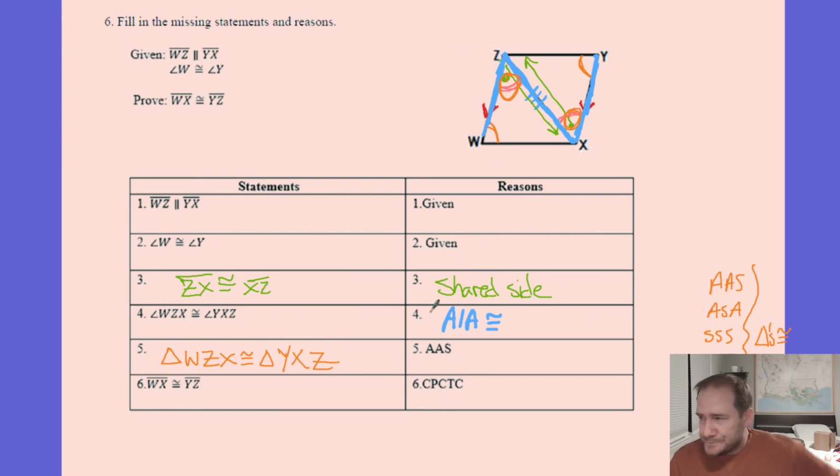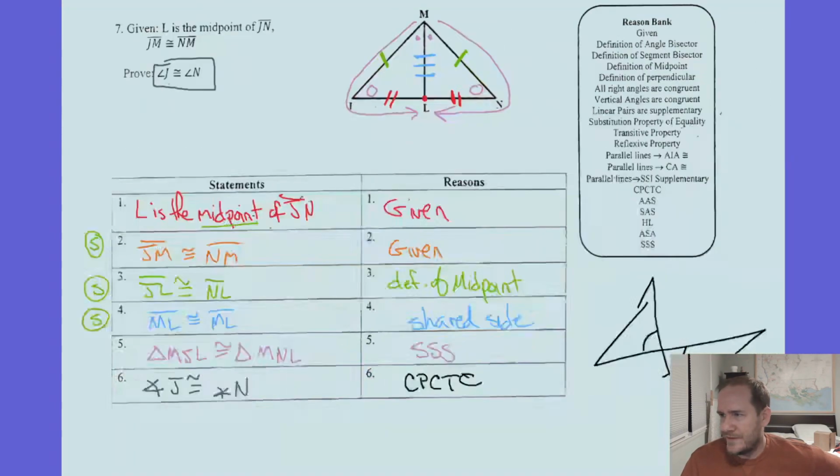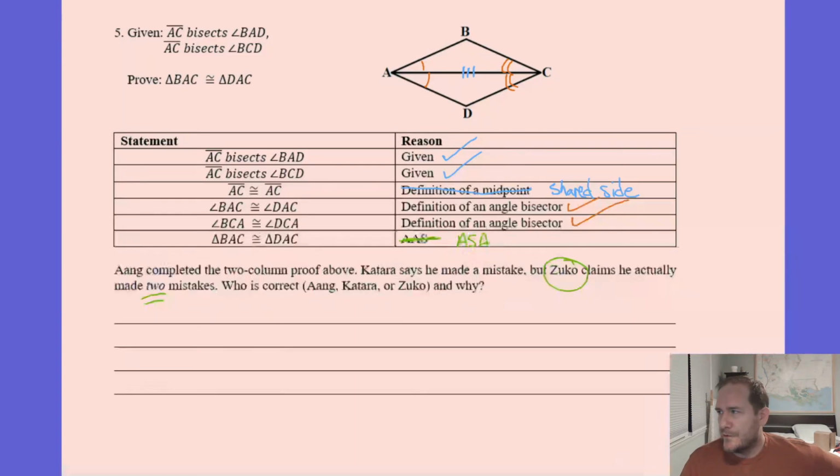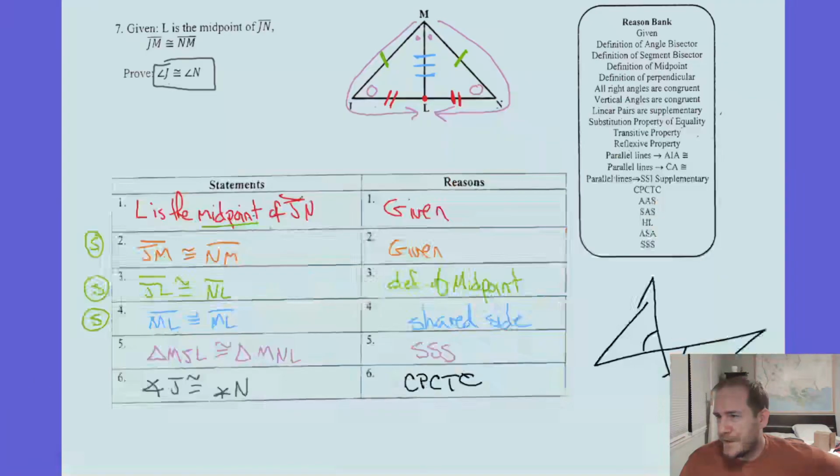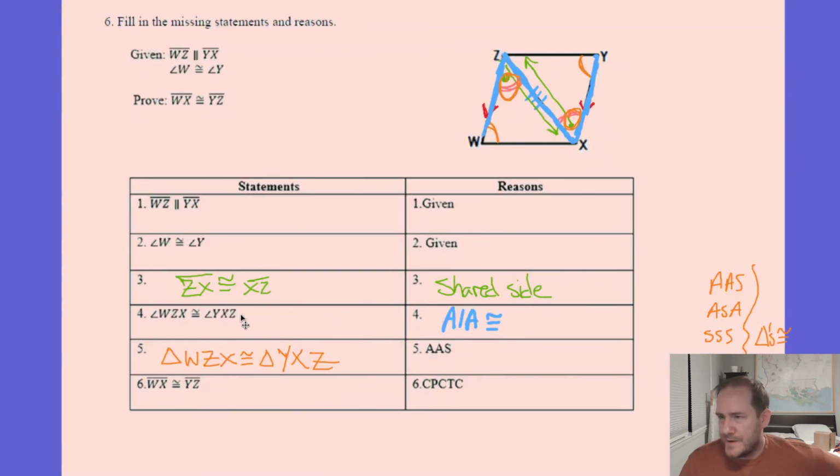So that's kind of the 3 versions of proofs you should expect to see on the quiz tomorrow. You'll have one proof that's totally done but contains errors, and you'll have to find and correct the errors. You'll have another proof that's mostly done, but you might be missing a statement or a reason here and there. You just have to fill in the missing parts.